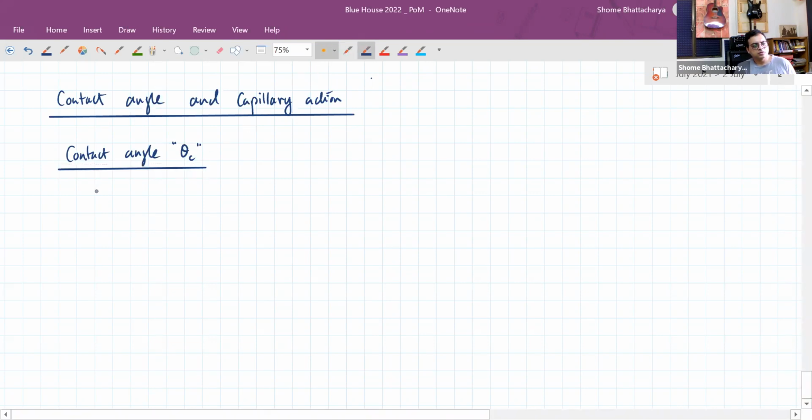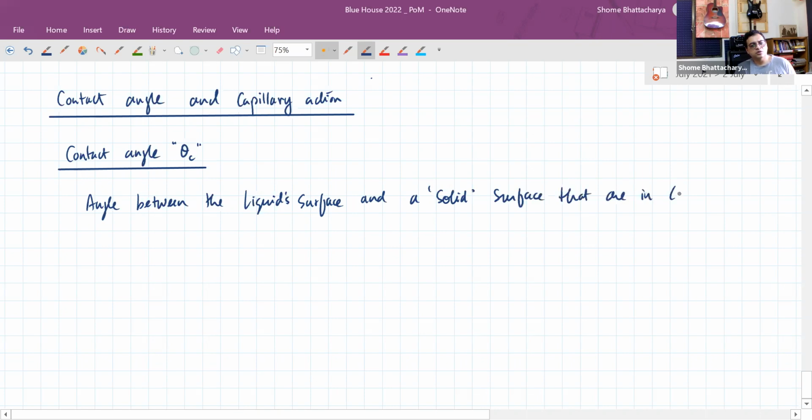So it's basically the angle between the liquid surface and a solid surface that are in contact.